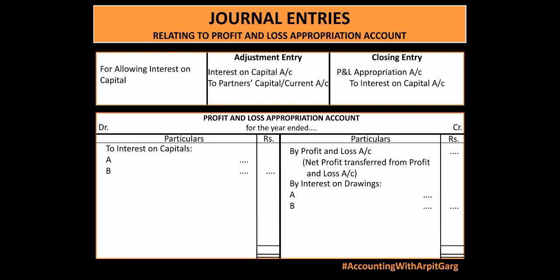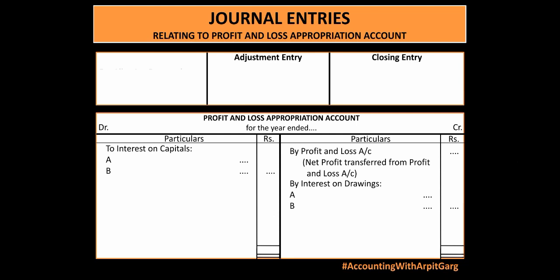Next entry is for allowing remuneration, that is salary or commission, to partner. Here also we are giving, so it becomes an expense. So the same concept is followed as for interest on capital.